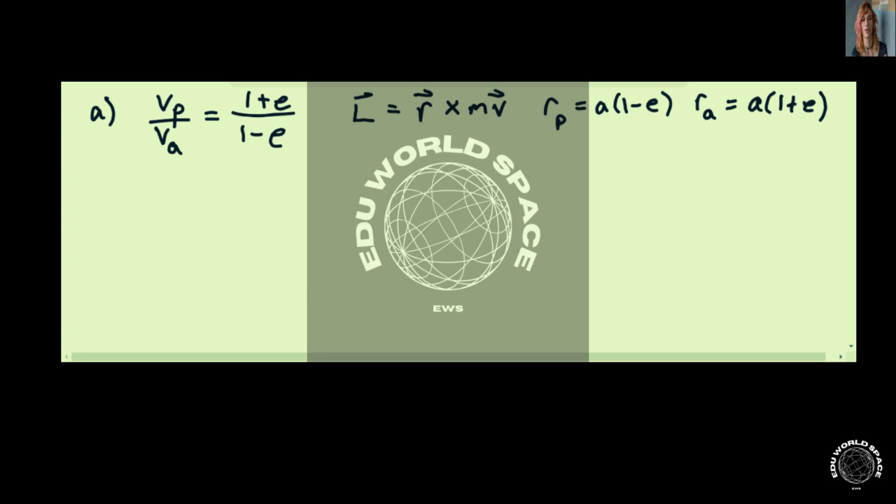Okay, because we know that angular momentum is conserved, then that means that the angular momentum at perihelion should be equal to the angular momentum at aphelion. So that's Lp is equal to La. Because at perihelion and aphelion, the velocity is directly perpendicular to the position vector r, this equation just becomes L equals r times m times v.